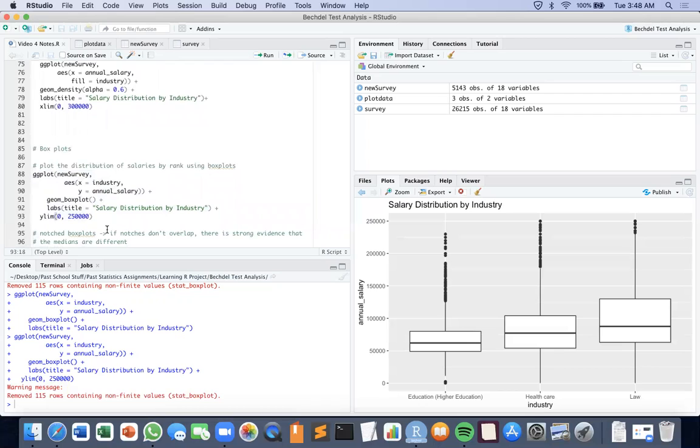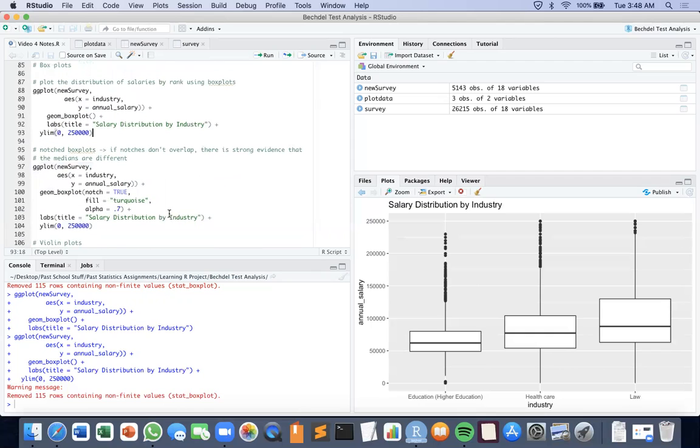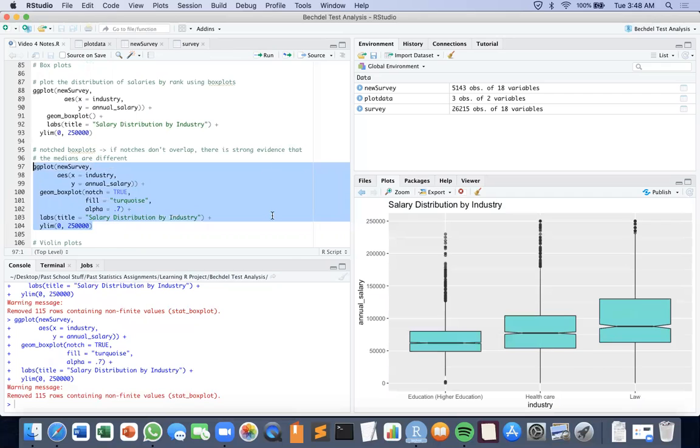So the next type is basically going to be the same thing, but these are called notched box plots. I'll show you what it looks like first and explain why they're a little different. Obviously I haven't changed much, but I've colored them and added this notch equals true parameter. What that does is make these notched around, you can see there's a little notch near the median.